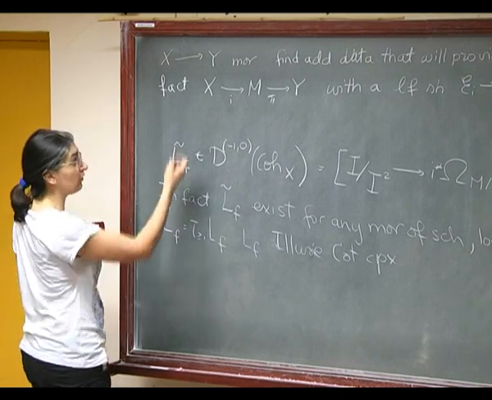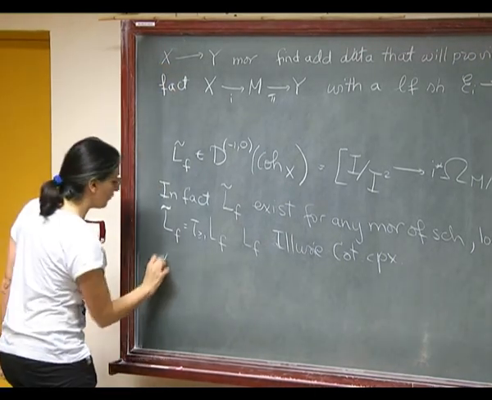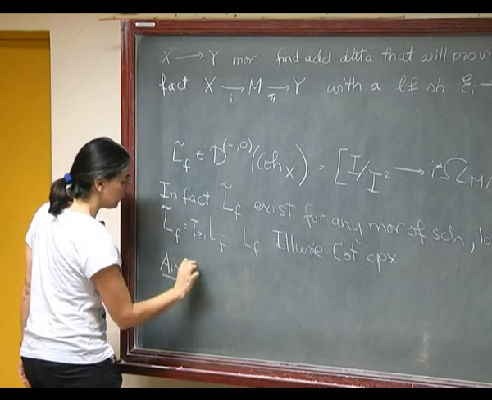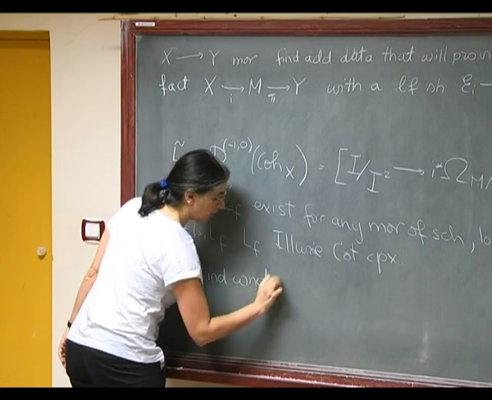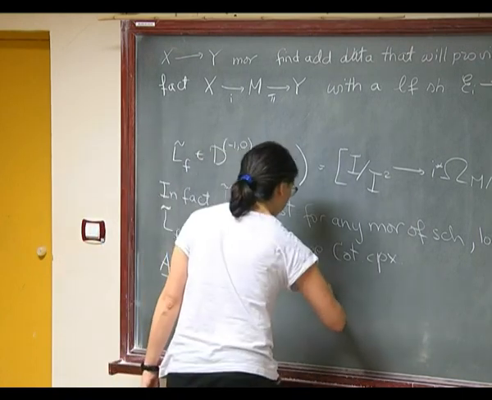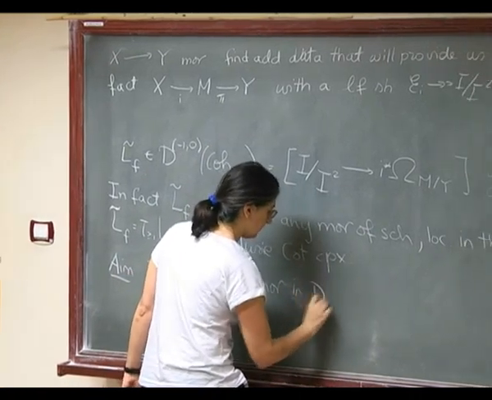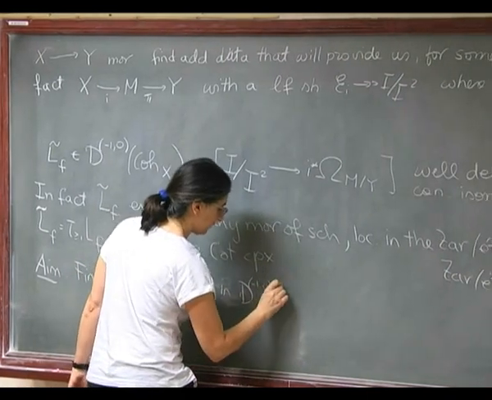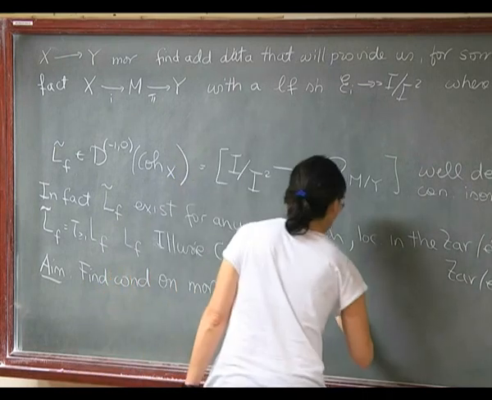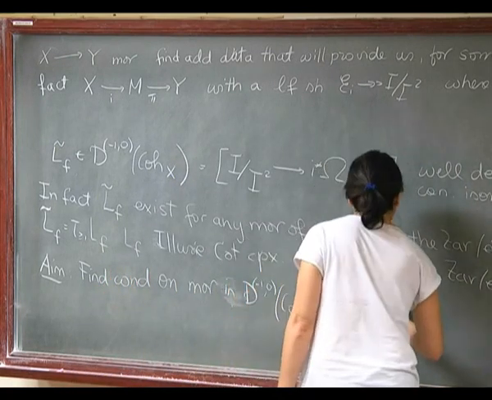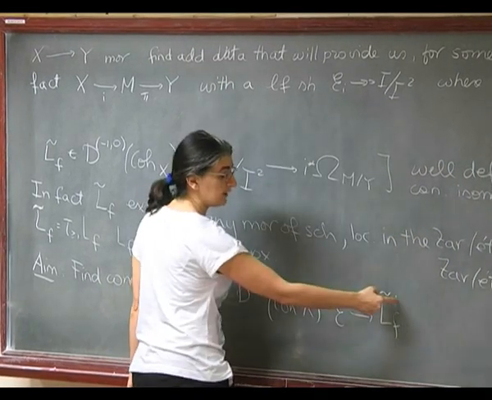So now what we want is a morphism. Since we want to work directly on X, our aim will be to find conditions on morphisms in D minus 1, 0, of coherent sheaves on X, so E dot to L twiddle F dot, and sometimes I put a dot and sometimes I don't.